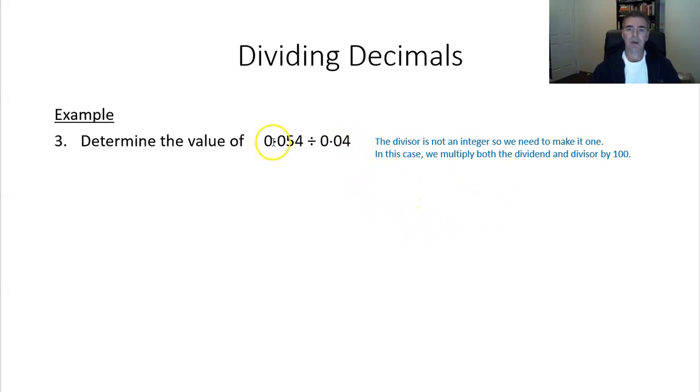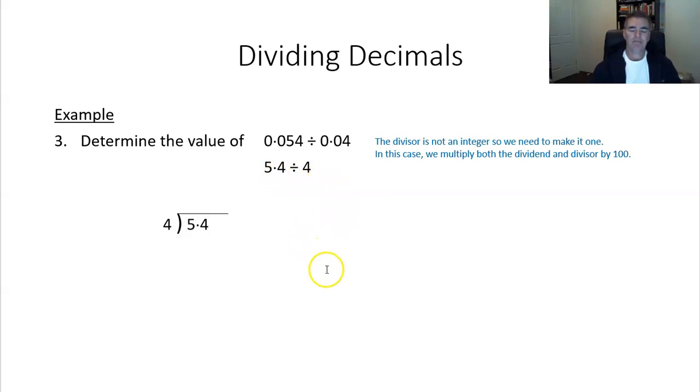That means I've got to multiply both of them by 100. I can't just multiply the divisor, I'll multiply both of them. So the divisor, when I multiply by 100, will become 4. And when I multiply this one by 100, it becomes 5.4. So we've got 5.4 divided by 4 as the question now.